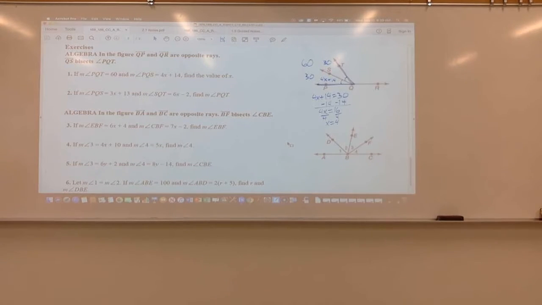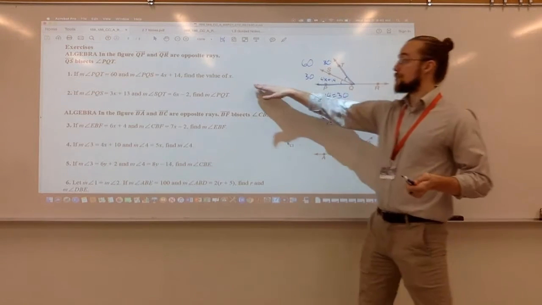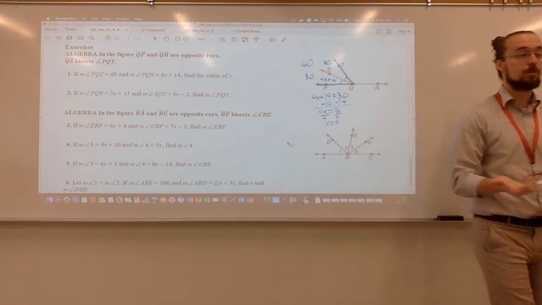So I think we should get 4 for that one. Is that all I need to do for that one? It is, right? The question just says find x, right? So that is all I need to do for number 1.